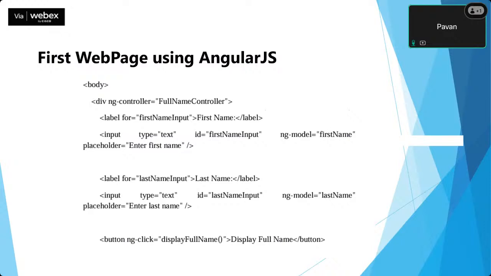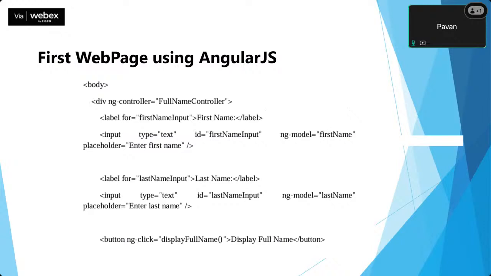Similarly, we'll do the same part for the last name also. That is written in the next 3 lines of the code. And after that, we'll create a button. When we click on that button, it will display the full name concatenated.